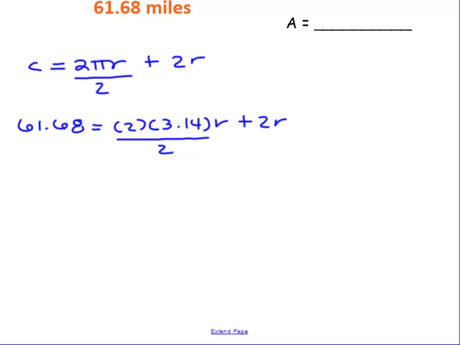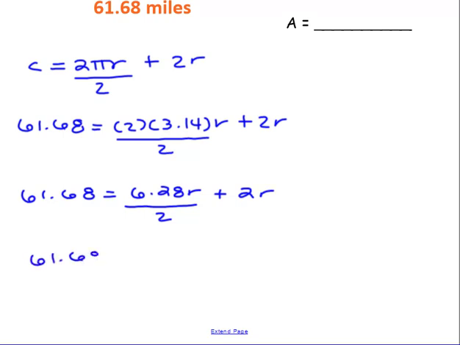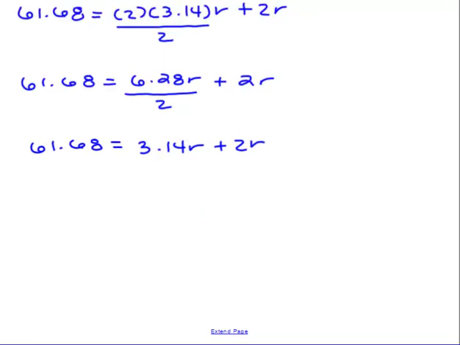We're going to simplify the top here. So 61.68 equals 6.28r divided by 2 plus 2r. 61.68 equals, we're going to divide these two, 3.14r plus 2r. 61.68 equals, I can combine these two like terms, 5.14r.